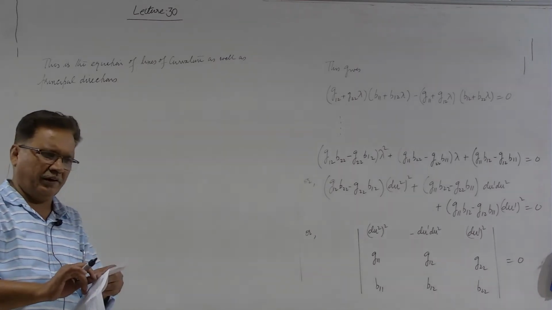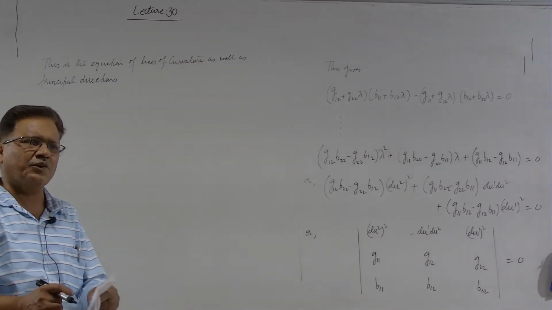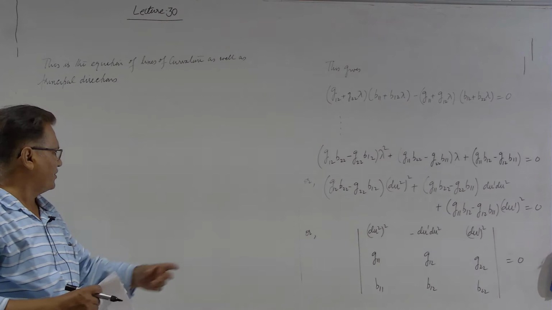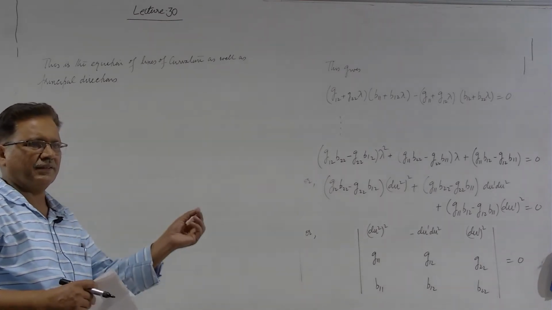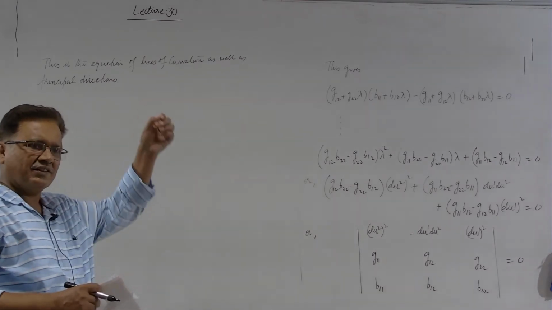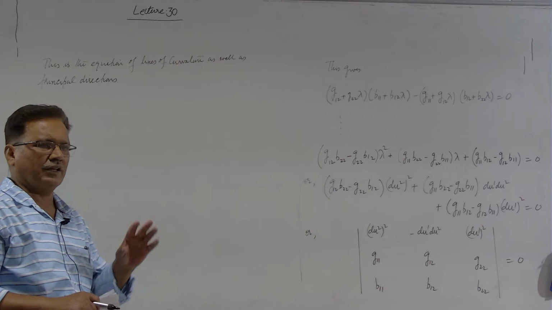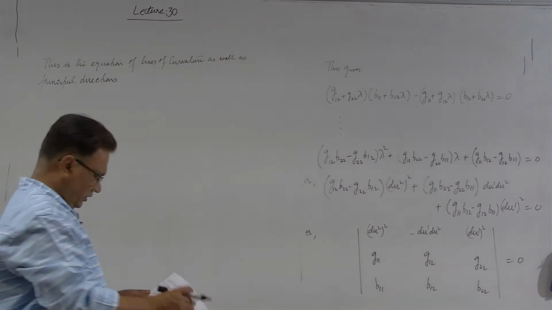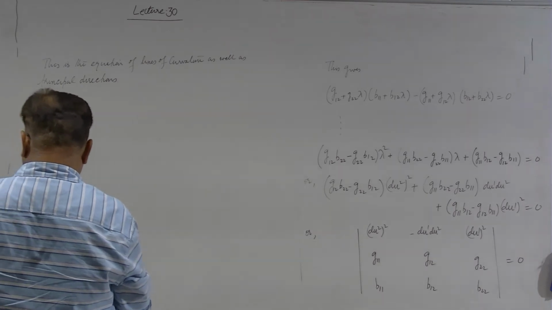From every point there will pass two lines of curvature which will be orthogonal to each other. In case of a cylinder, you have just seen that from every point there passes a circle as well as a line. So, this happens on all regular surfaces. Okay, so, this is the theorem that I will be discussing now.